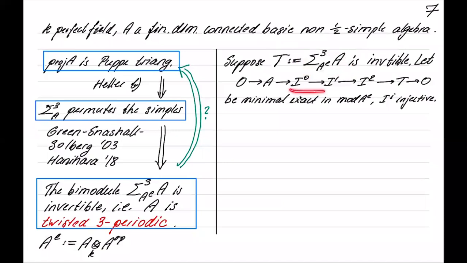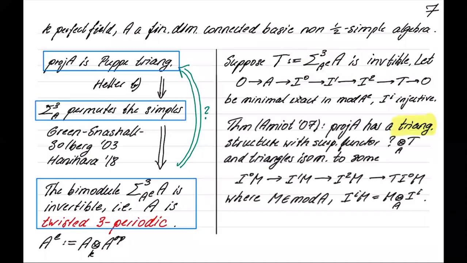And this will yield the triangles. Yes. So Keller and Muro showed that the category of projective modules over A has a triangulated structure with the octahedral axiom, whose suspension functor is given by tensoring with this invertible bimodule.